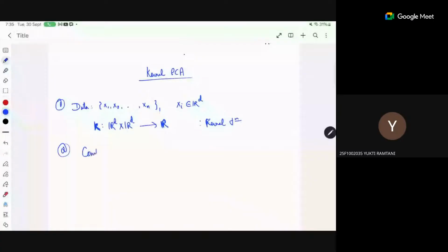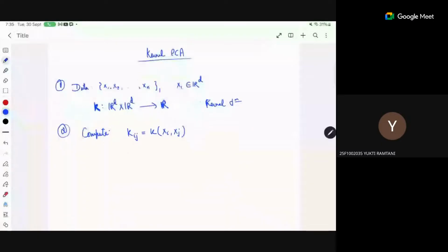We compute Kij, and this Kij is basically K of xi comma xj. This kernel matrix is given by K of x1 comma x1, K of x1 comma x2, so on till K of x1 comma xn.